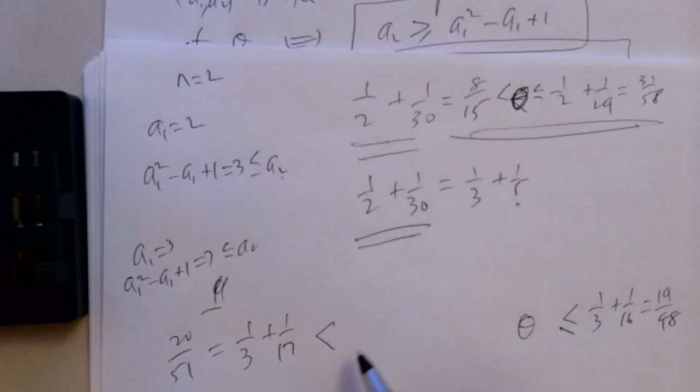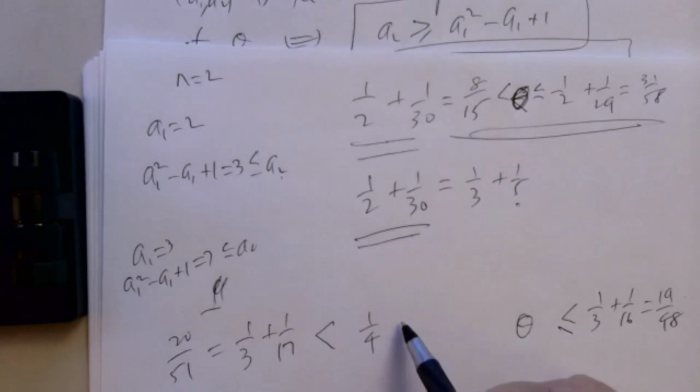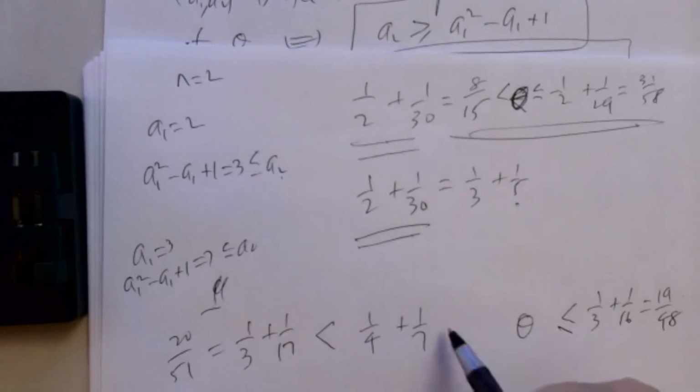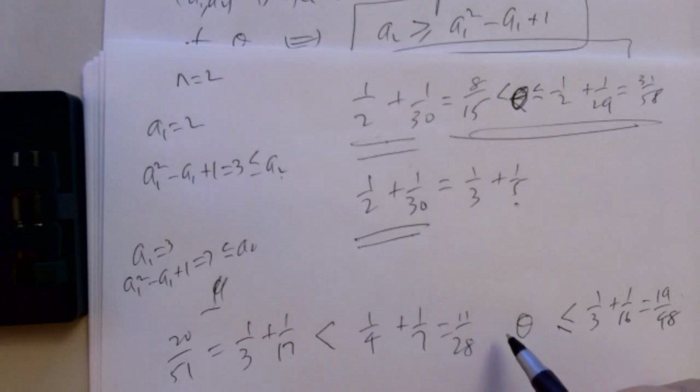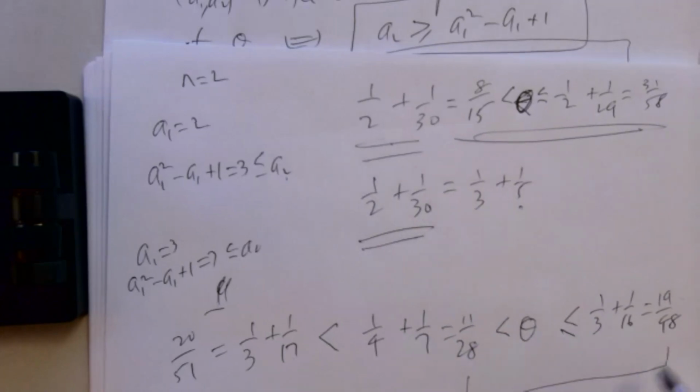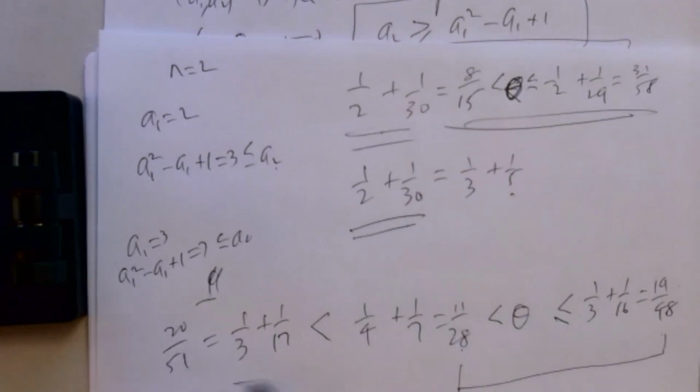But unfortunately, 1/3 plus a 17th is less than 1/4 plus a 7th, which is 11 over 28. So in this smaller interval, from 11 over 28 to 19 over 48, the greedy algorithm gives you 1/3 plus a 17th, but 1/4 plus a 7th is a bigger and better under approximation to theta. All right. Okay.